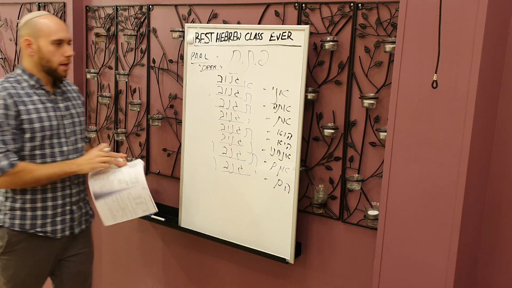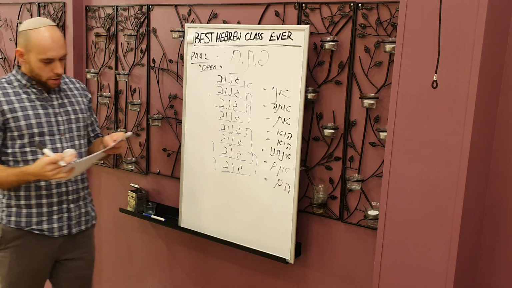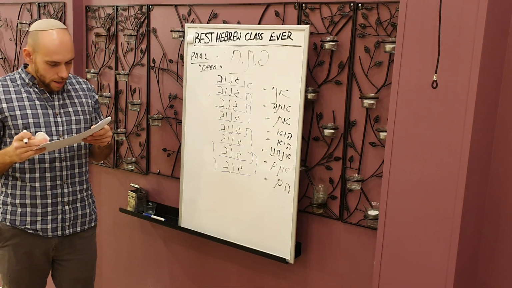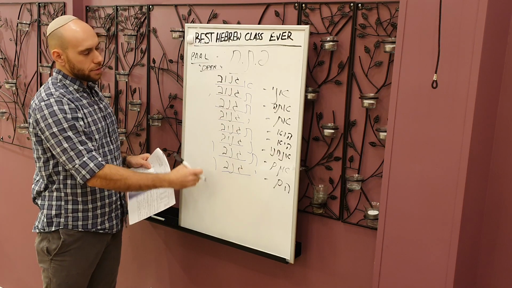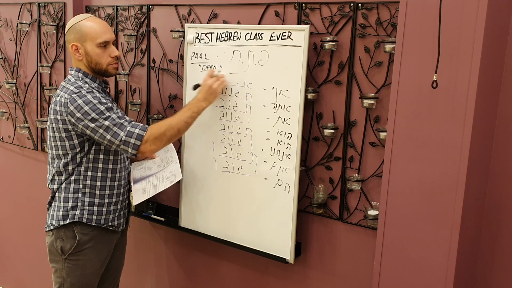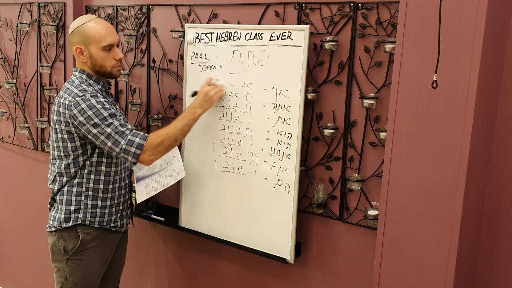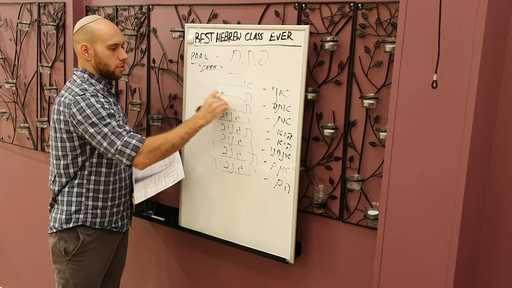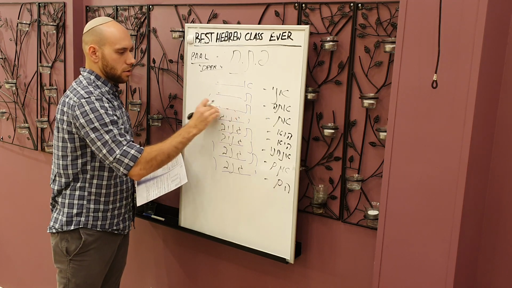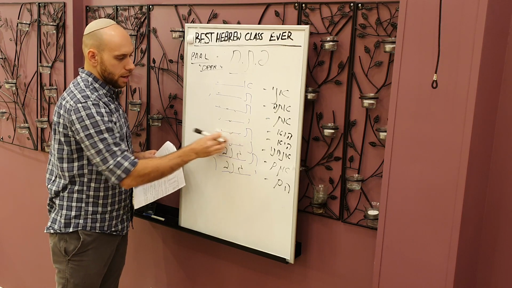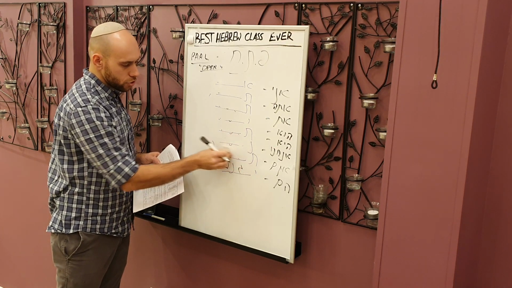Okay, what do you notice that's different about it from the last one we saw in the future? You'll see exactly the same prefixes and suffixes, but what's different here in the middle? There's no vav. Some of the verbs in pa'al end on the ah sound instead of the o sound in the future.